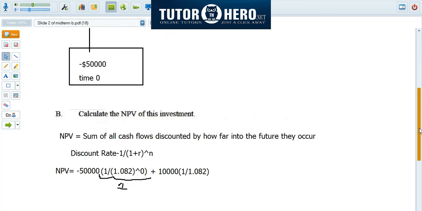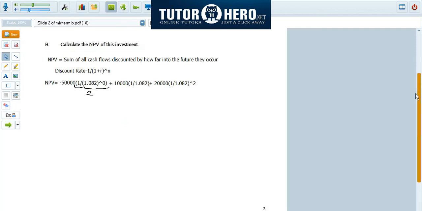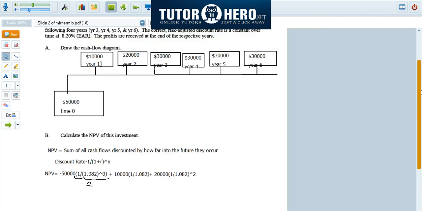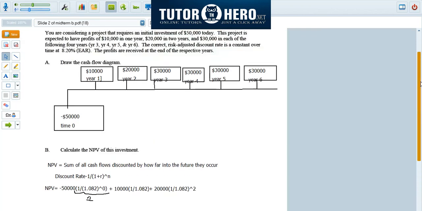Well, you're going to get 20,000, and you're going to multiply that by 1 over 1.082 squared. And what about after that? Well, you look up at your cash flow diagram again. Year 3, $30,000. So the next term that's going to go in here is $30,000 times 1 over 1.082 to the third.